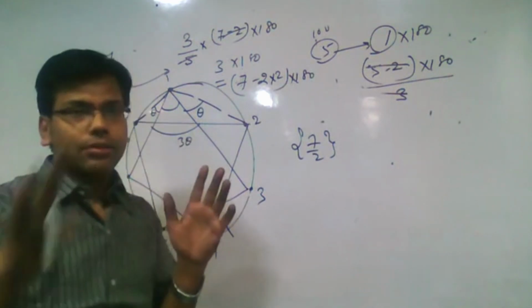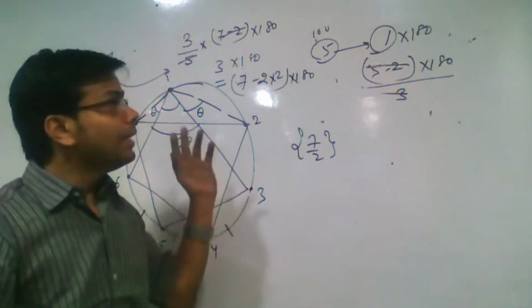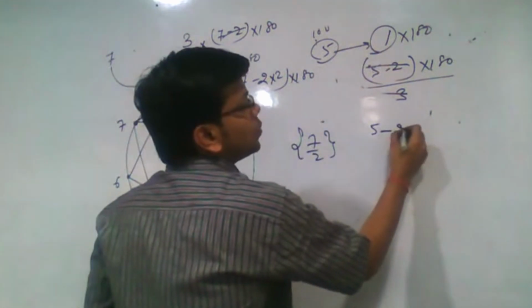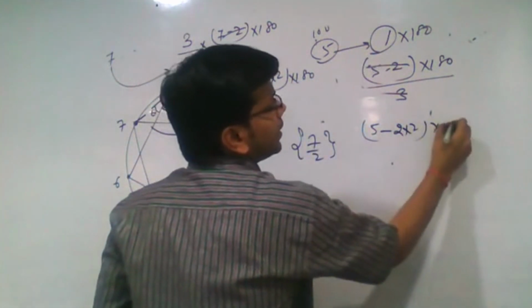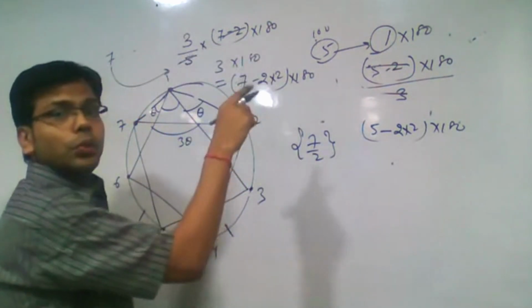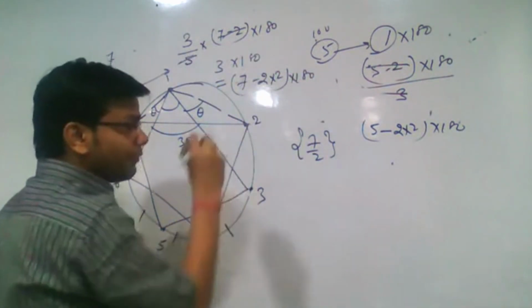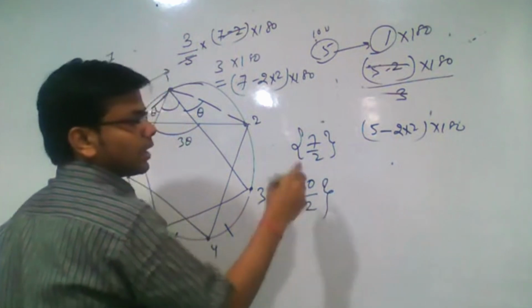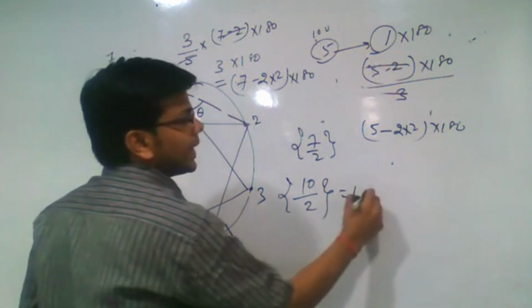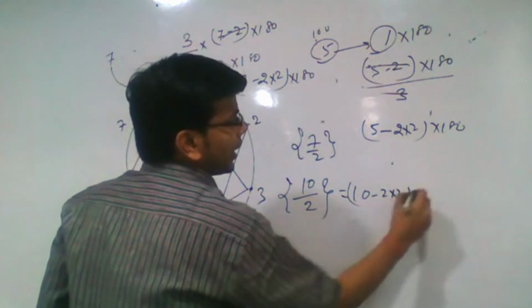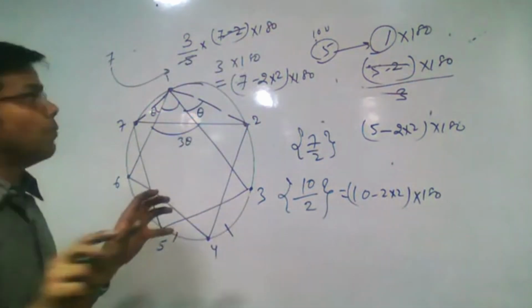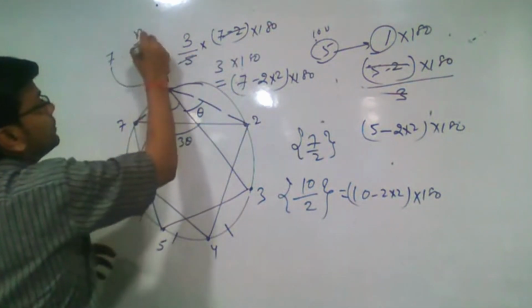I'm not going in depth on how we generate it, but for the 5 by 2 it is 5 minus 4 into 180 degrees, for the 7 by 2 it is 7 minus 4 into 180 degrees. So if we have a 10 by 2 star, the summation of all angles is 10 minus 4 into 180 degrees. So we can generate a formula for the n by 2 star.